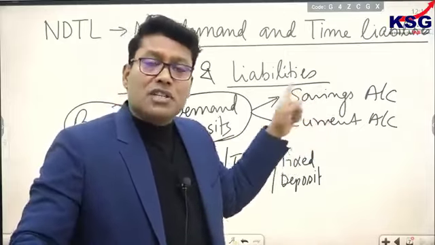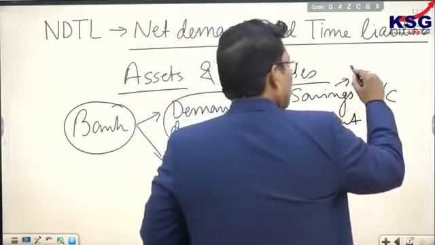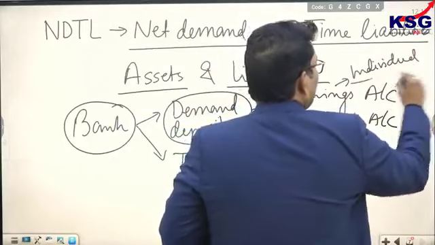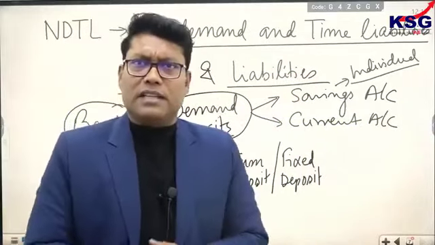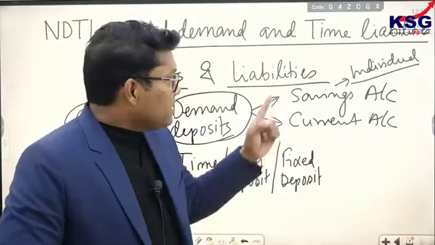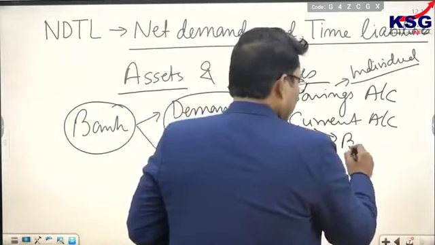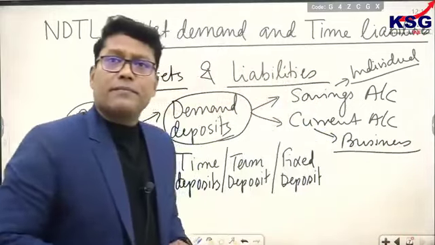Savings accounts are generally opened by an individual, or a household, like I and my family members opening the account. These are the nature of savings accounts. But a current account is only opened in the name of a business or enterprise.